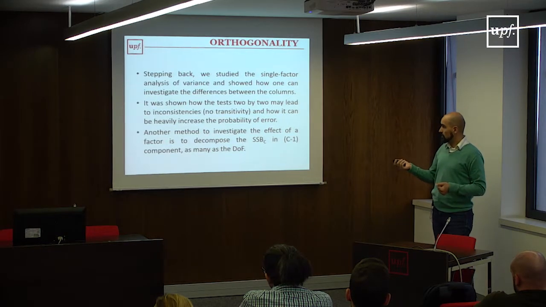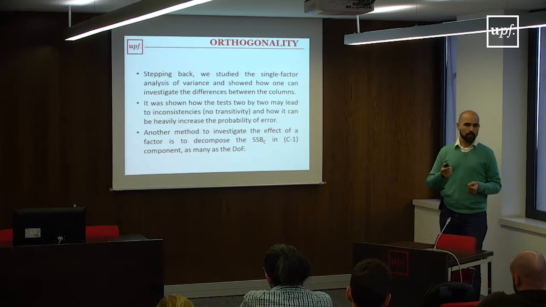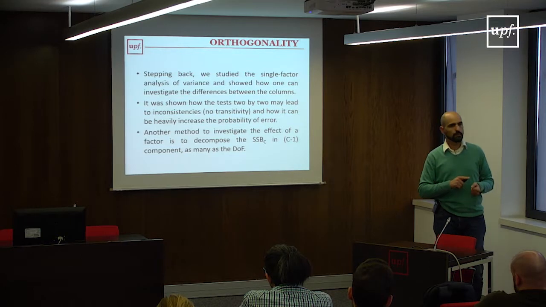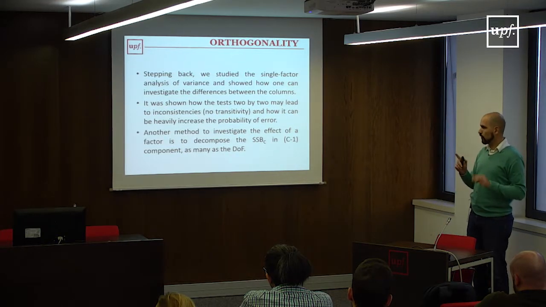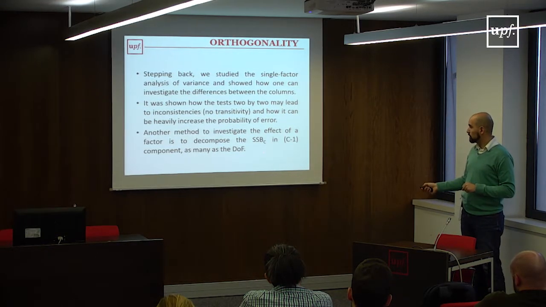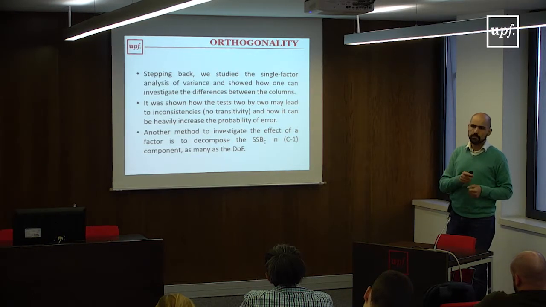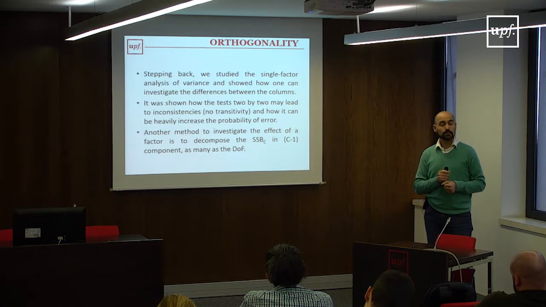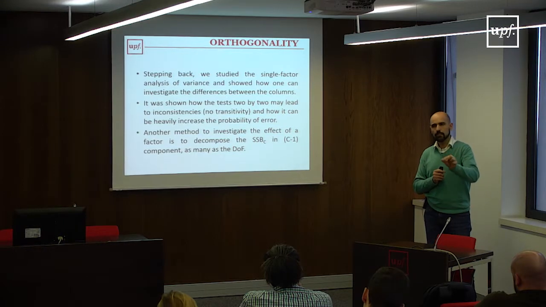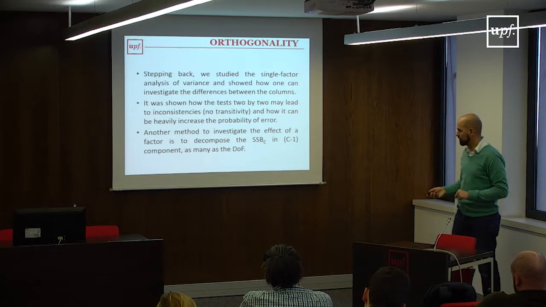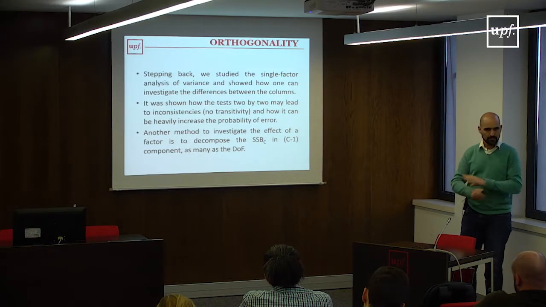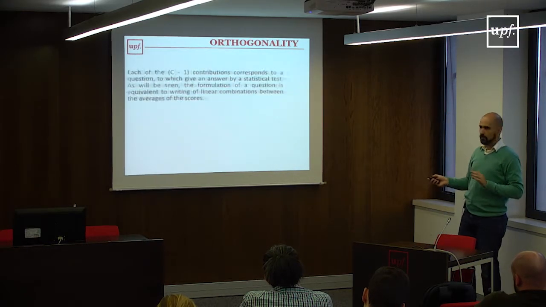What is suggested here is that instead of running multiple comparisons, we can choose a number of questions, which must be not more than the degrees of freedom that we have, and decompose the total sum of squares of this factor into the sum of the sums of squares of each of the questions. Very confusing, let's move on, it will be clear.